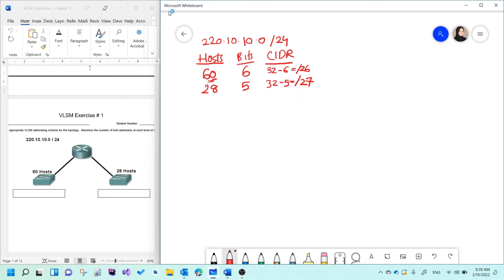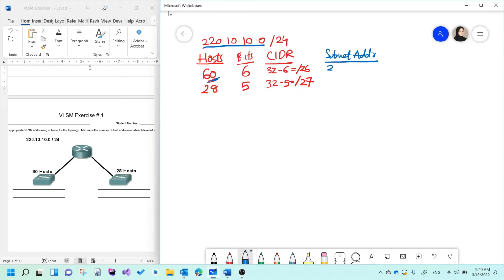Now we will start figuring out the subnet addresses, and along with that, we'll try to find the magic numbers. For the first subnet, which has around 60 hosts, the subnet address would be the same address that is given to you in the question.